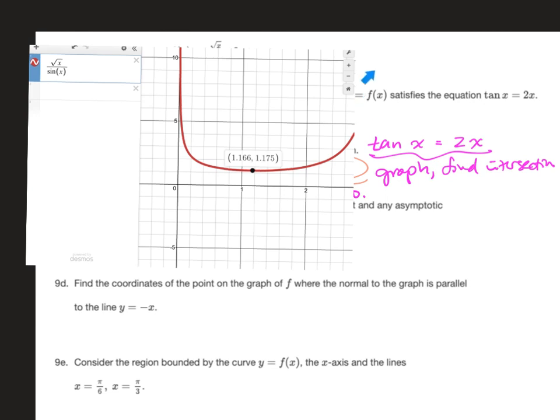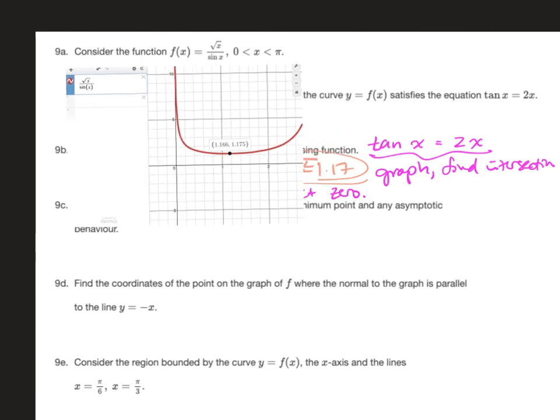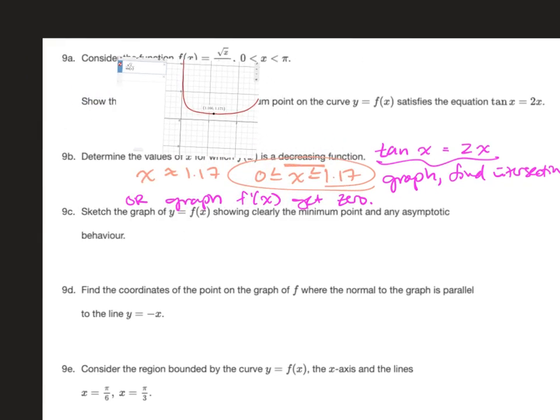By the same reasoning, a little bit off the graph that you can see right here, you'd also have an asymptote at pi, because where x equals pi, sine of pi is 0. So you have asymptotic behavior at x equals 0 and x equals pi. Those are asymptotes.